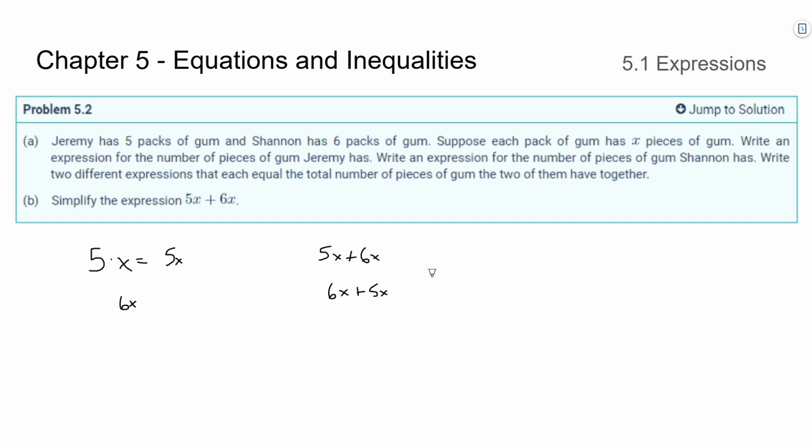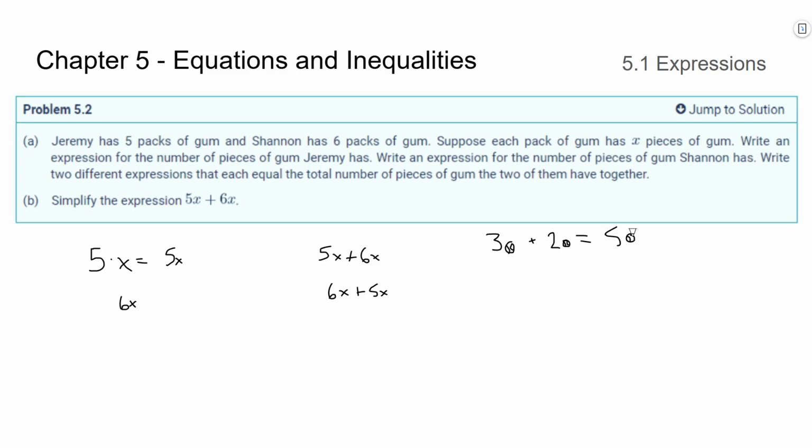So, yeah, I'm trying to think of a good way to explain this. If you have 3 baseballs, okay, 3 baseballs, and then you are given 2 more baseballs. And how many baseballs do you have? Of course, you have 5 baseballs now.